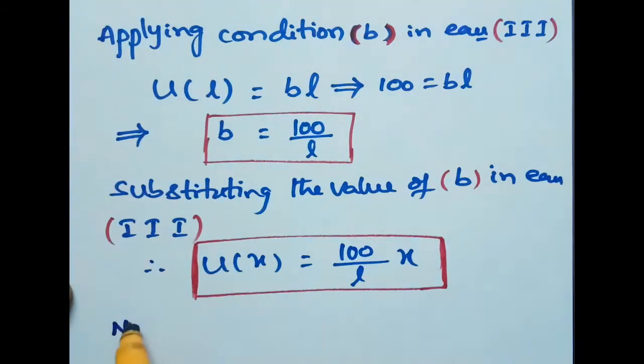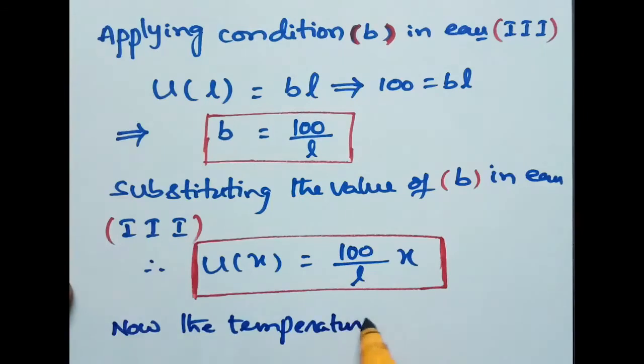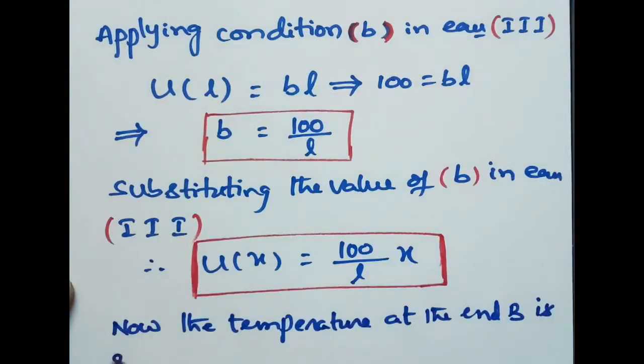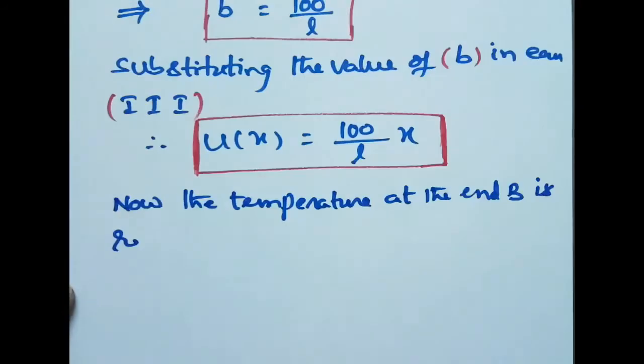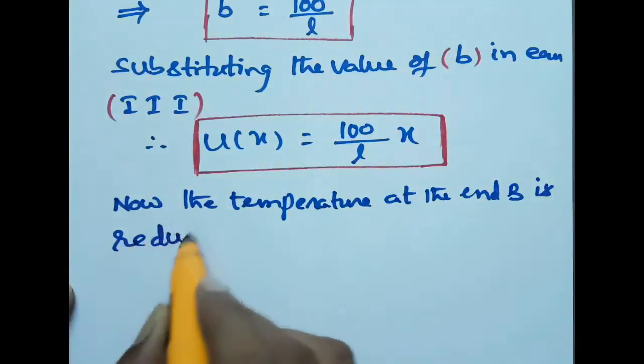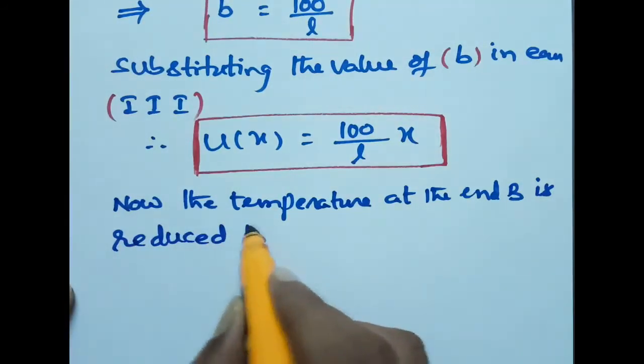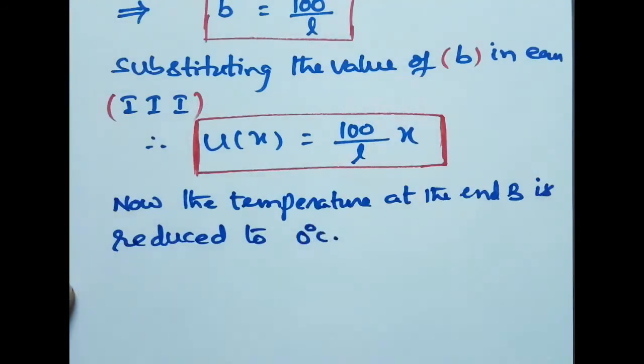Now the temperature at the end B is reduced to 0 degrees centigrade.